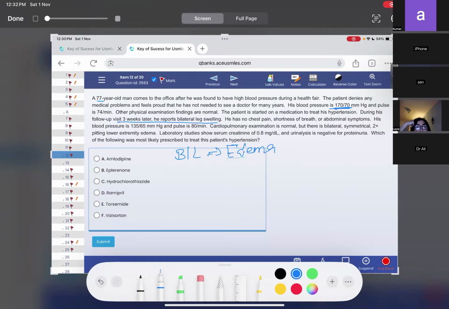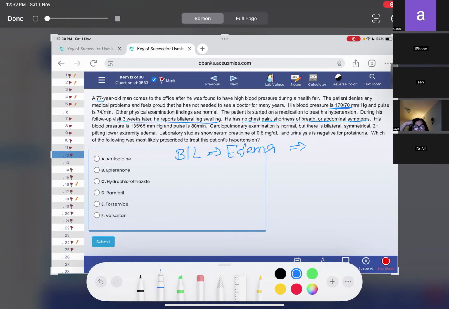Okay, doctors, there is no chest pain, shortness of breath, or abdominal pain. That means the patient doesn't have any heart failure symptoms. Edema due to heart failure is generalized, occurring in the pulmonary system, peripherally, and as ascites as well. So the patient has only peripheral edema, not central or pulmonary.